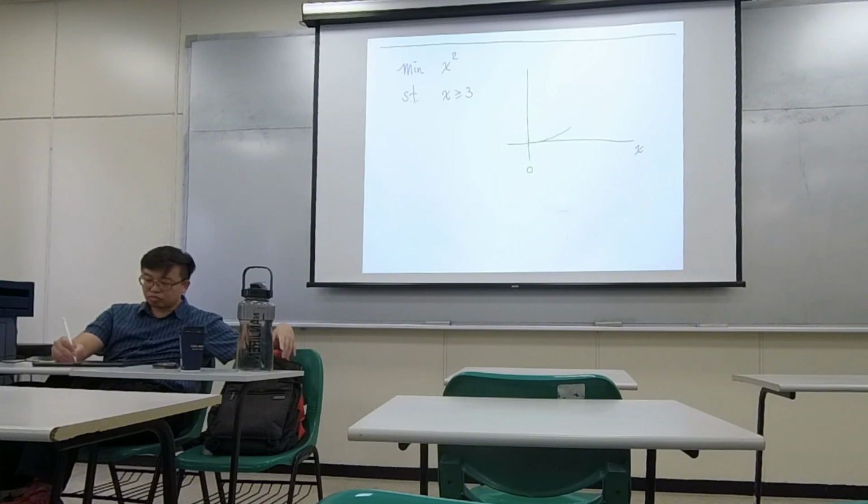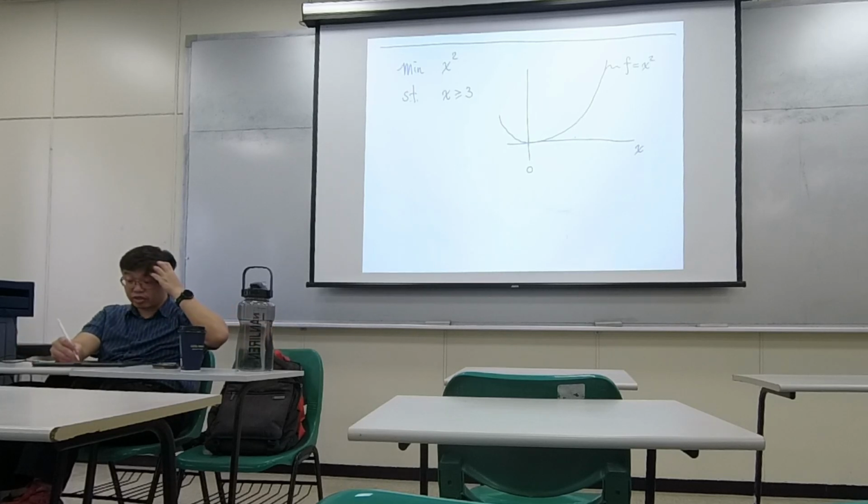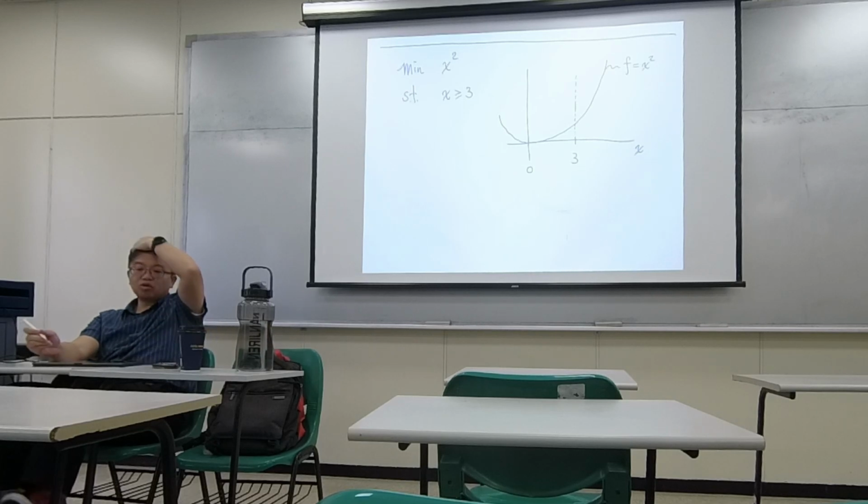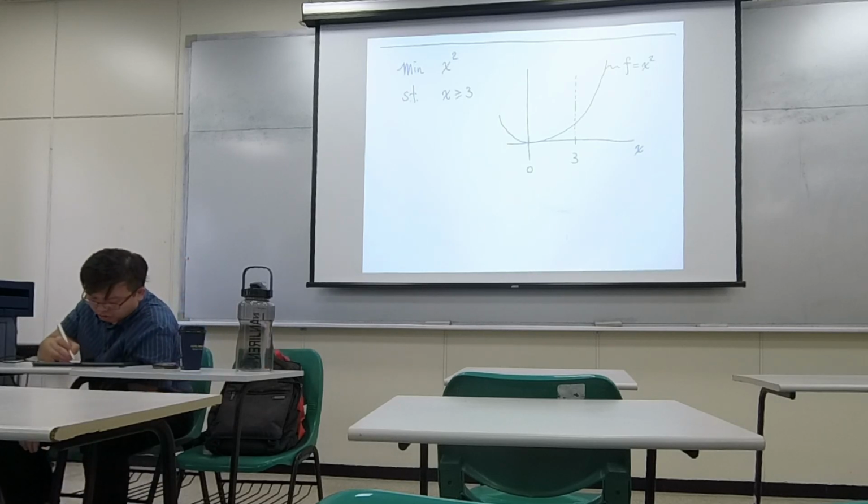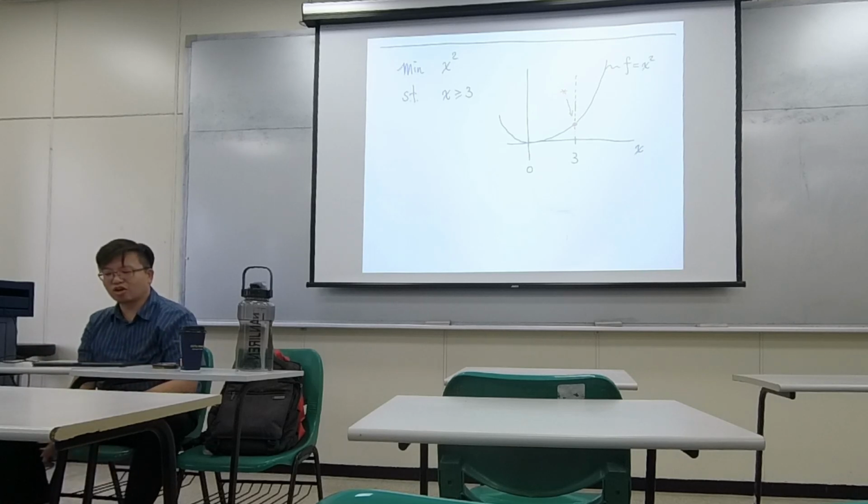So this is f equals x squared. Okay, and here is 3. So obviously, the solution is right here. For deterministic optimization, this is where your solution is.